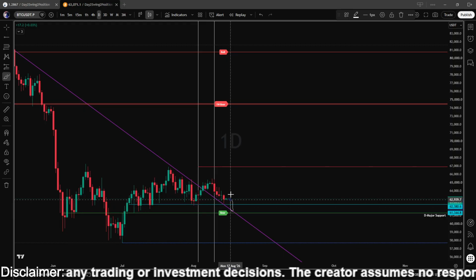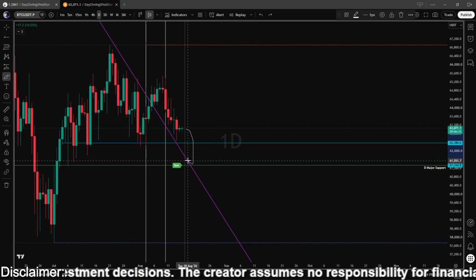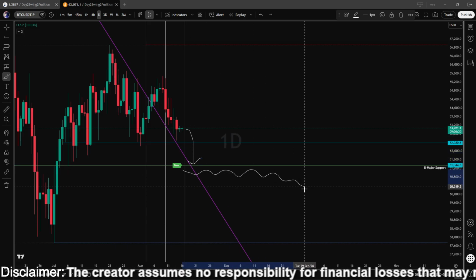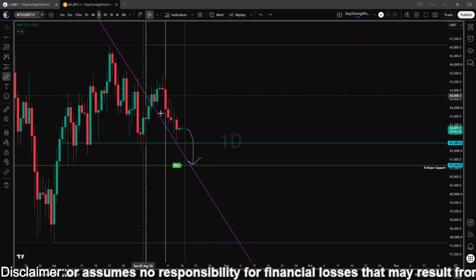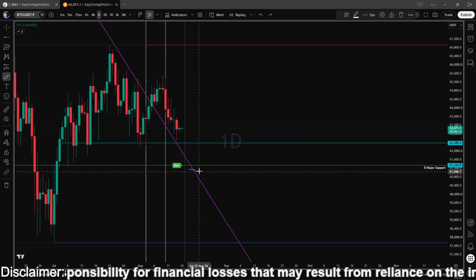They are good to go with that short position. Once the price reaches down to this level, then there will be no further downside for BTC. BTC will no longer go below this level.